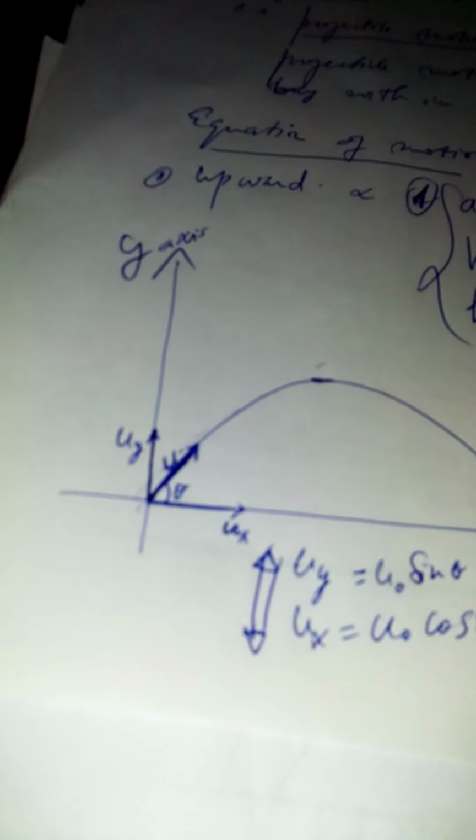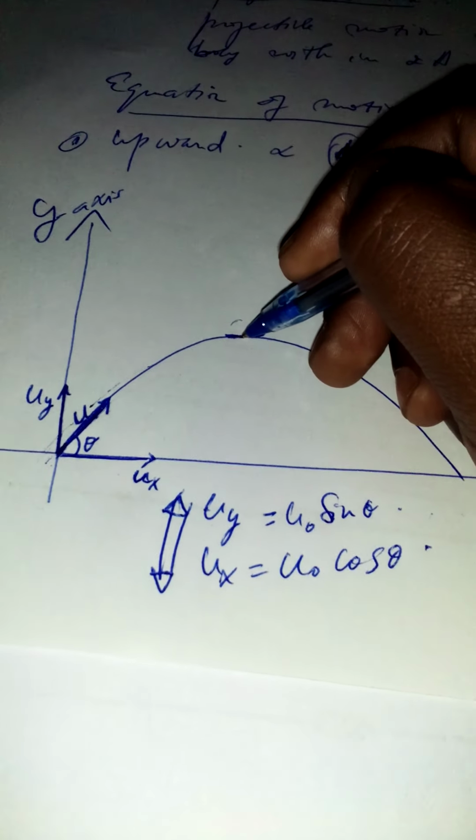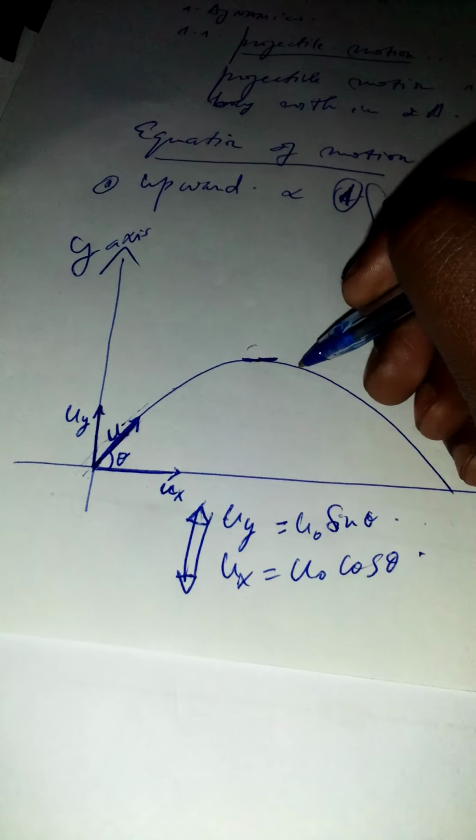Again, what about when the body reaches the maximum height? At maximum height, what will happen to the velocity, the time and the height? When the body reaches here, this is where the maximum point is located. If you look well, the body tends to descend.